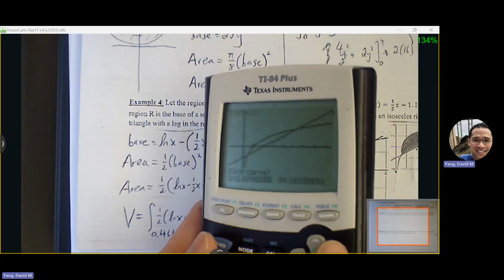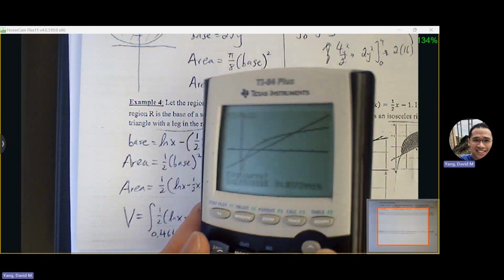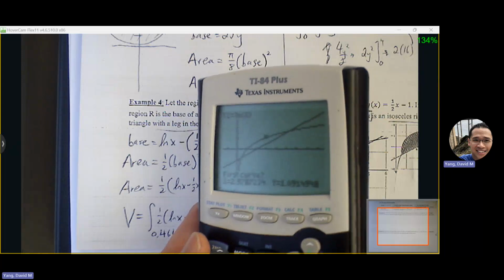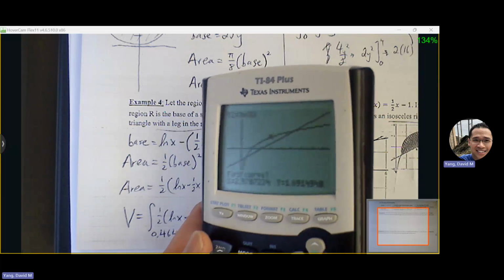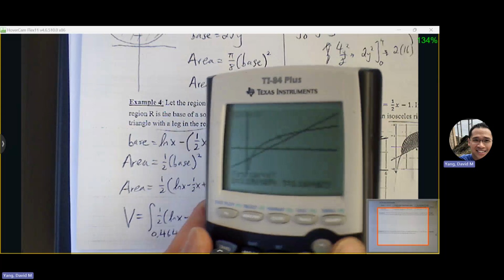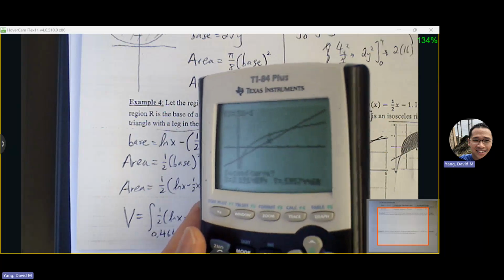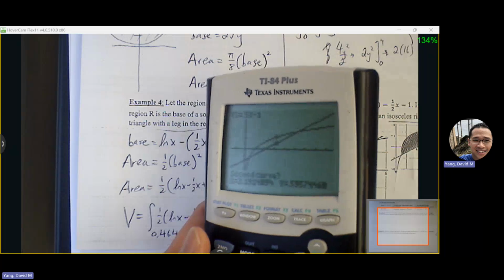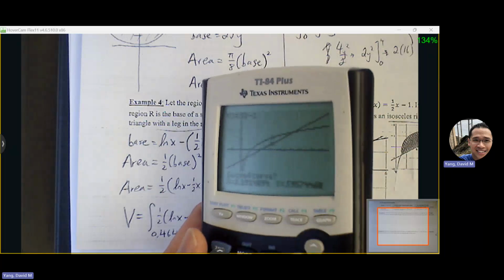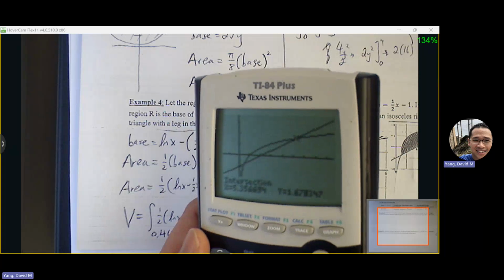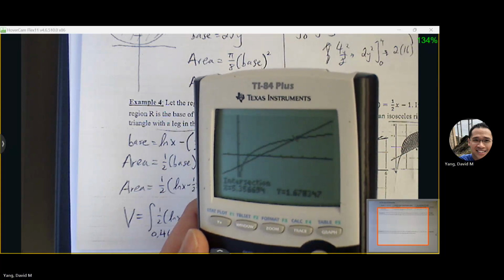This time I'm going to pick a point close to it. Make sure that you never put your cursor directly on the intersection, because then it'll confuse the calculator. So just pick points close to it and let the calculator find it for you. As long as you're close to the intersection, the calculator will know you want it to find this intersection on the right and not the one on the left, because we're closer to that intersection. Okay, 5.357.